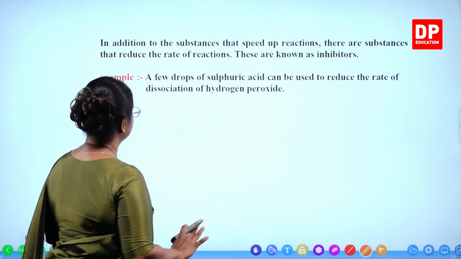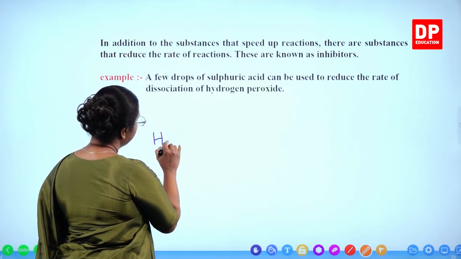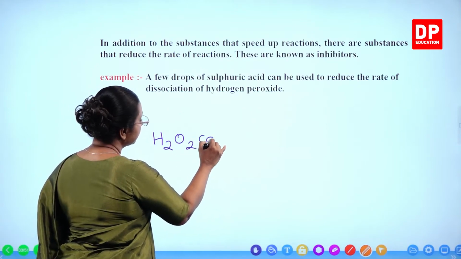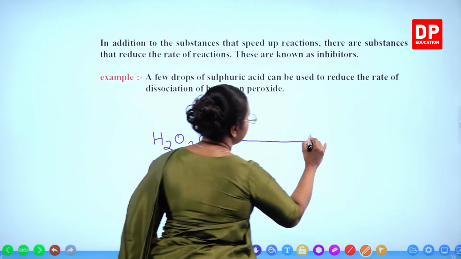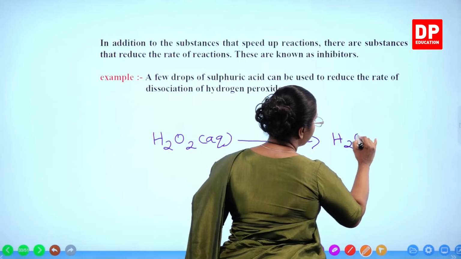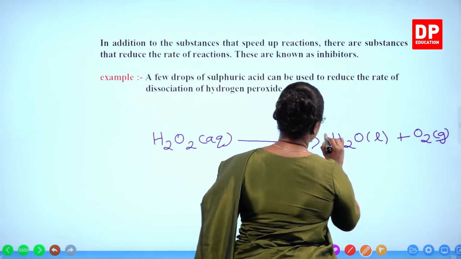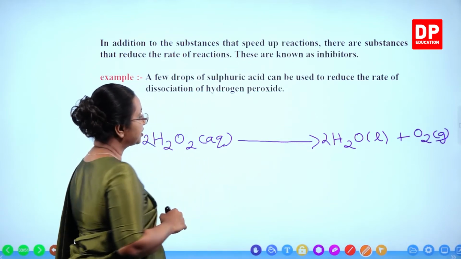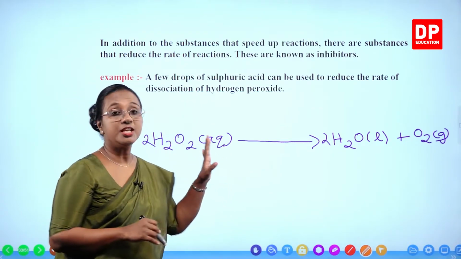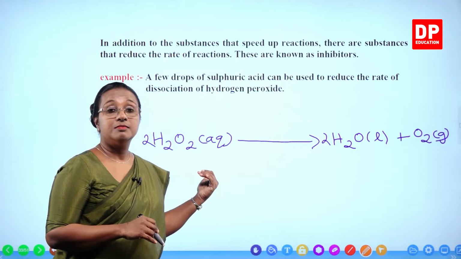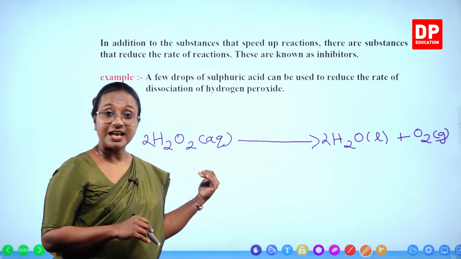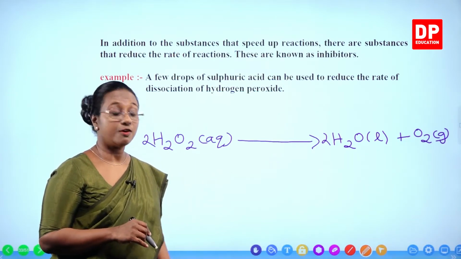The same reaction: hydrogen peroxide aqueous giving rise to water liquid and oxygen gas. Balance the reaction. Now for this reaction, if you add manganese dioxide, it is a catalyst. It increases the rate of reaction.